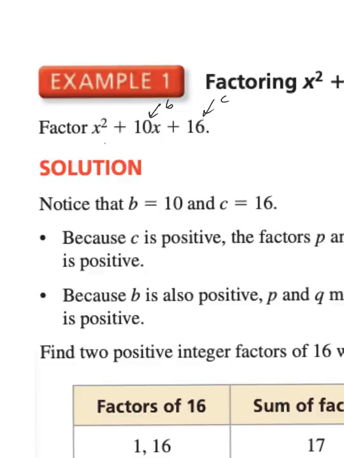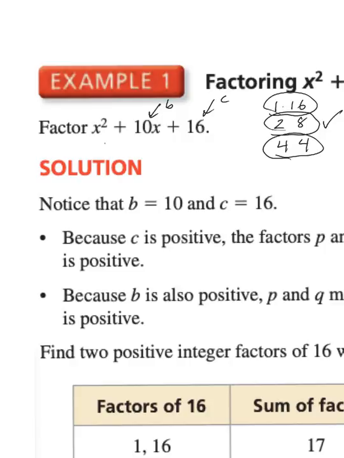Well, think of the different ways that we can multiply to get 16. I've got 1 and 16. I've got 2 and 8. I also have 4 and 4. Now, looking at these three ways of multiplying to get 16, do any of them add up to 10? Well, yes, the 2 and the 8.